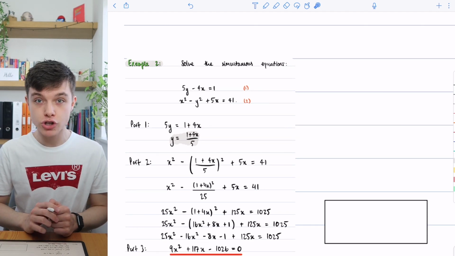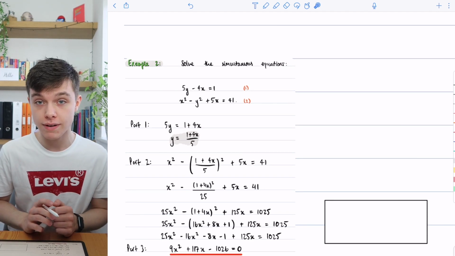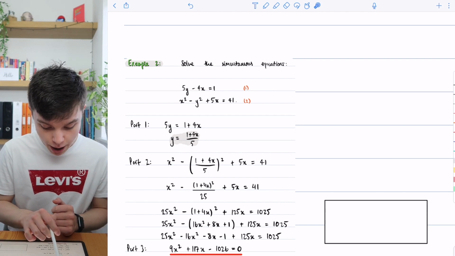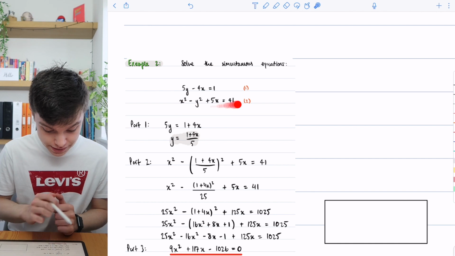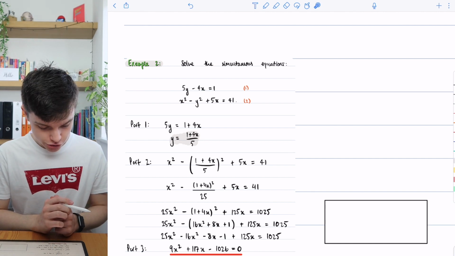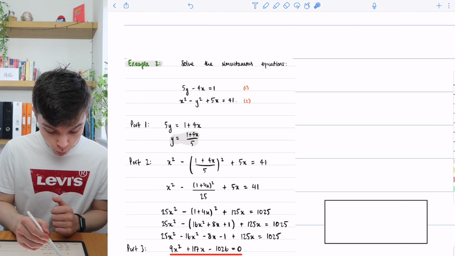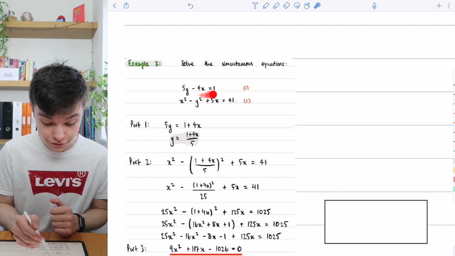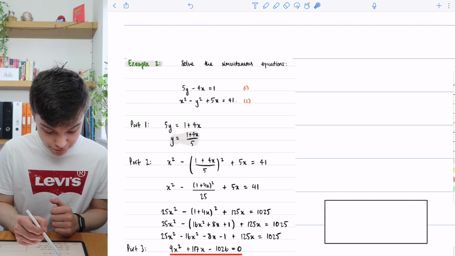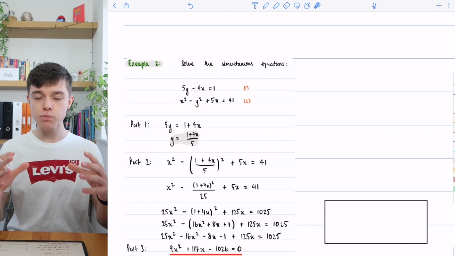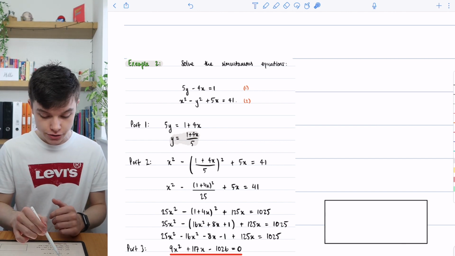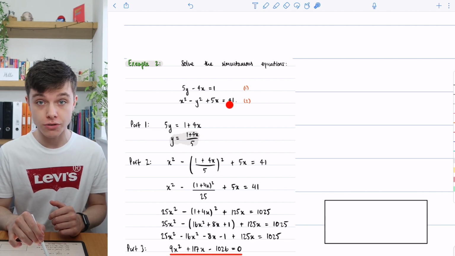Okay, so let's have a look at an example very quickly from the previous video. This was example 2 in the previous video, solving quadratic simultaneous equations, and we had to solve these two here. We had this straight line and we had this quadratic. So what we did is we rearranged for y, we added 4x to both sides and divided by 5 to give us 1 plus 4x over 5. And then we said, right, that's what y is in terms of x, so let's substitute that into our quadratic.